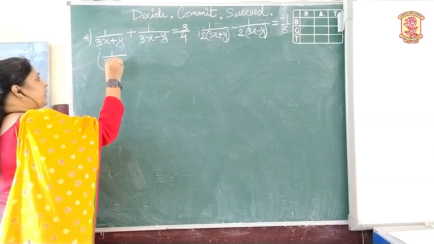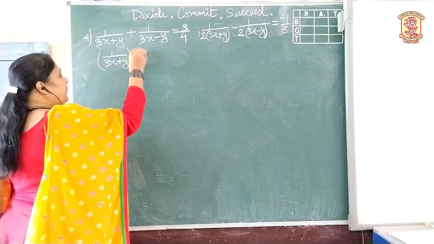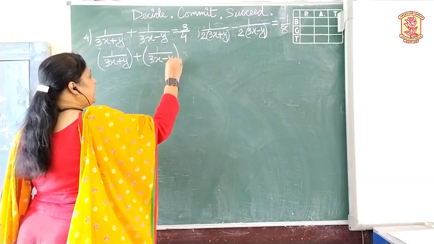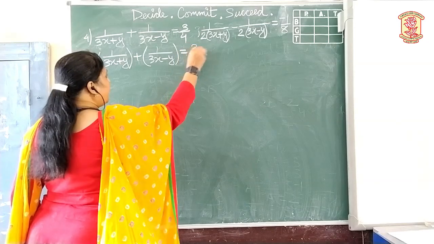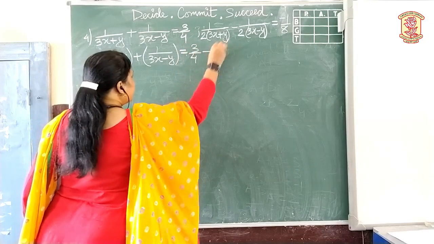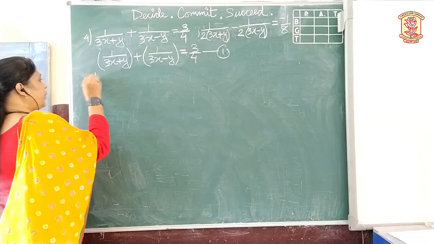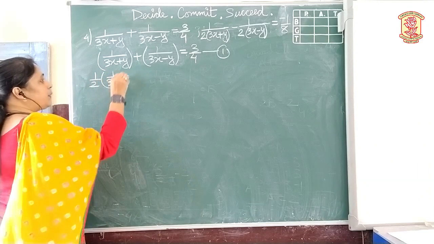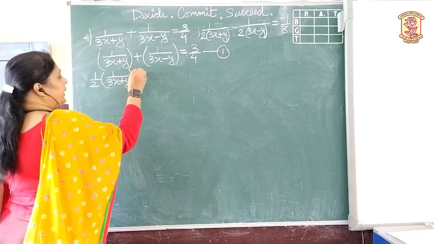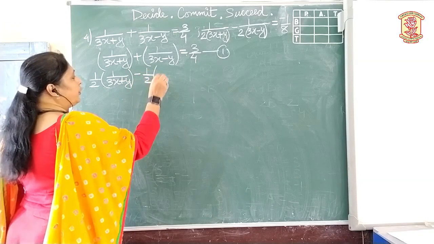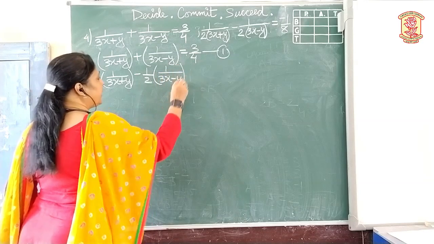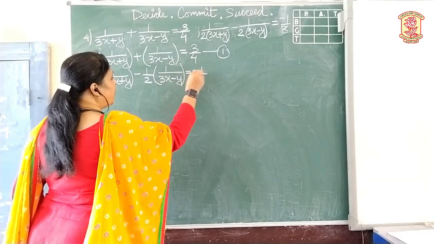So 1 upon 3x plus y plus 1 upon 3x minus y equals 3 upon 4 will be the first, and the second equation will be 1 upon 2 into 1 upon 3x plus y minus 1 upon 2 into 1 upon 3x minus y equals minus 1 upon 8.